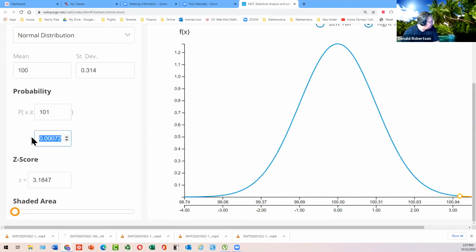It's 0.00072, which I'm going to convert into 0.072%. And I am now going to pretend that this is true so I can be a show off.